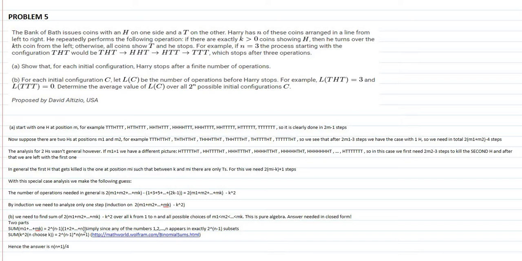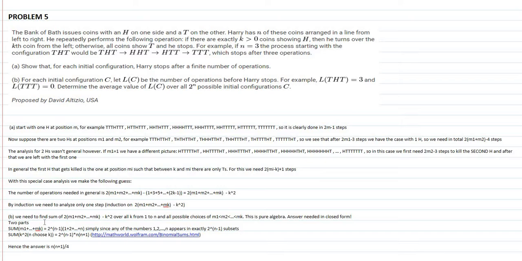Well, you ask yourself the question: these m1 to mk come from the set 1, 2, up to n. And for any of these numbers, say i, how often will I see this exact number i in this whole sum?